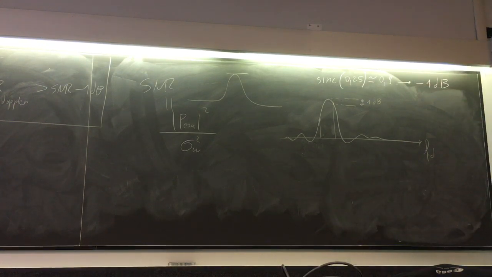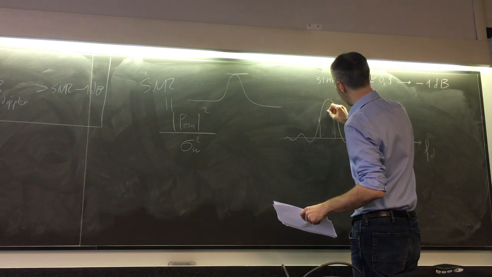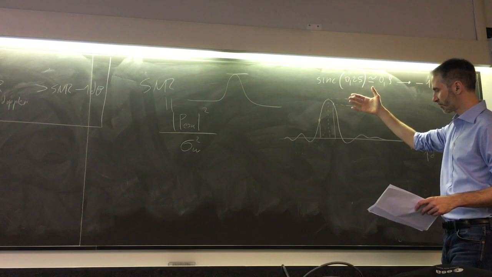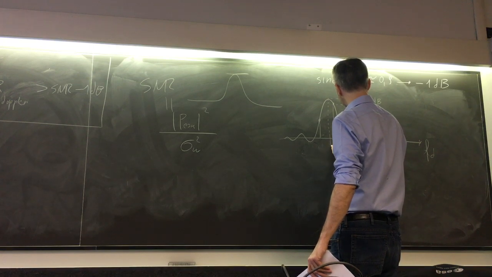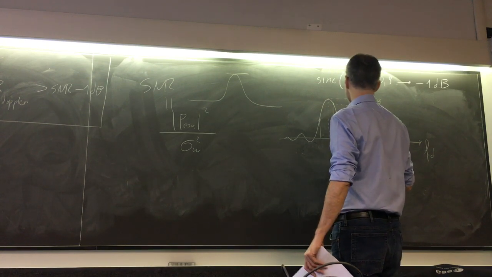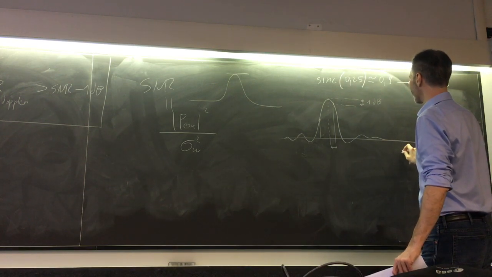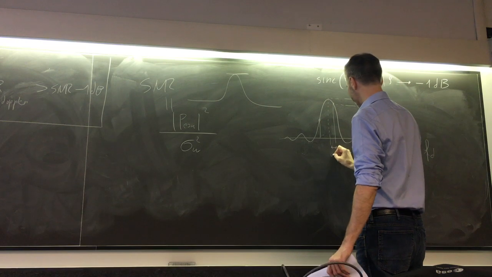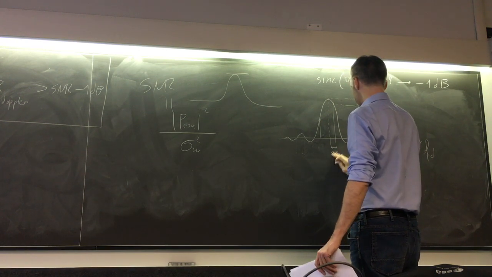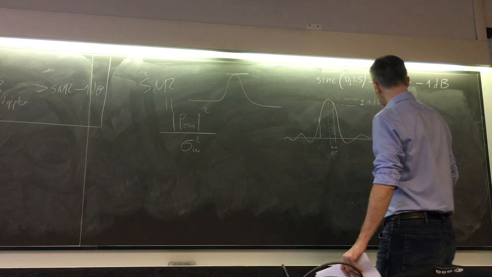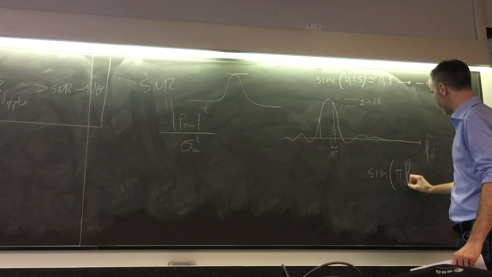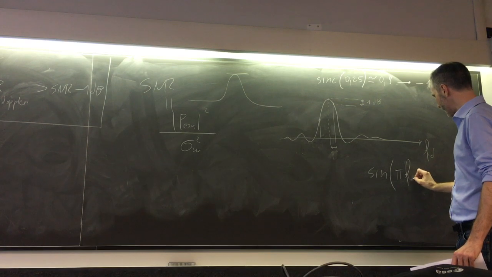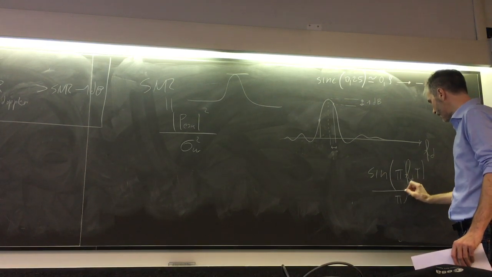So this means that if you want to lose no more than 1 dB, then you have to ensure that you are sampling this function in a point that is no farther than, well, such that... I'm sorry, in our case we had the sine of pi fd times T divided by pi fd.